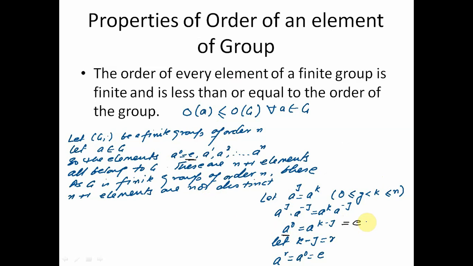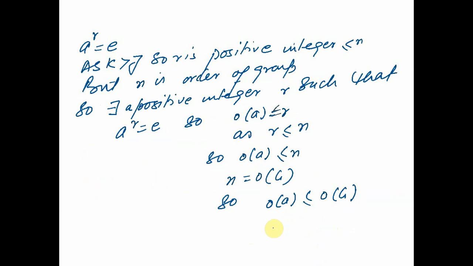And let us substitute k minus j by r. So I get a to the power r is equal to a to the power 0, which is equal to e. So I've identified up to this point that a to the power r is equal to e.